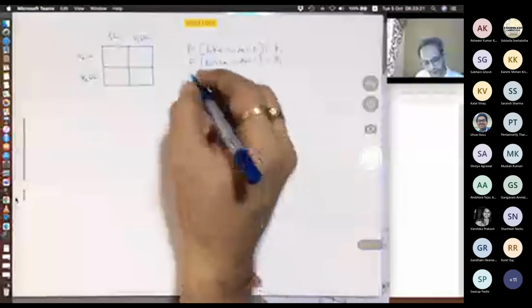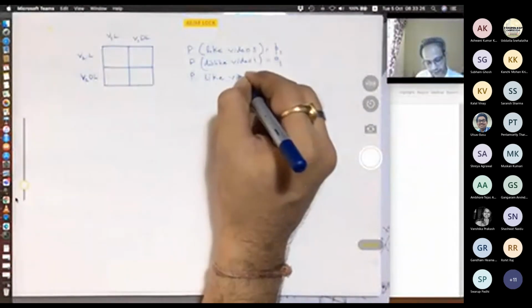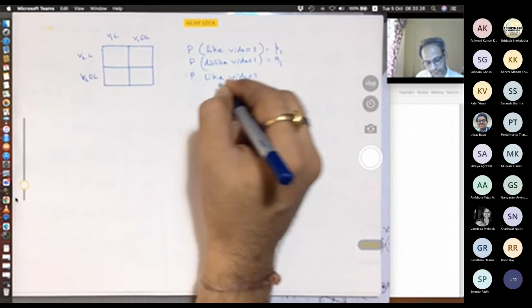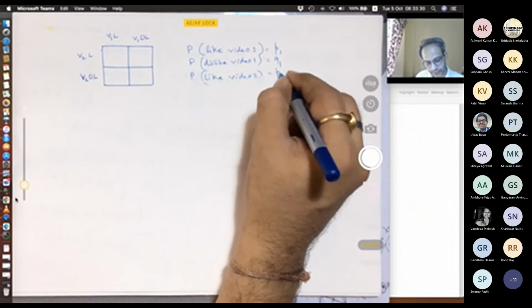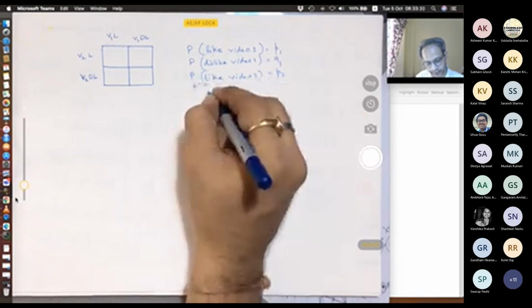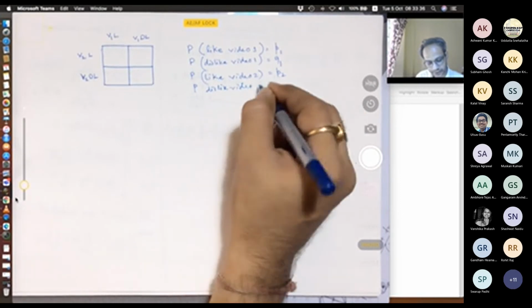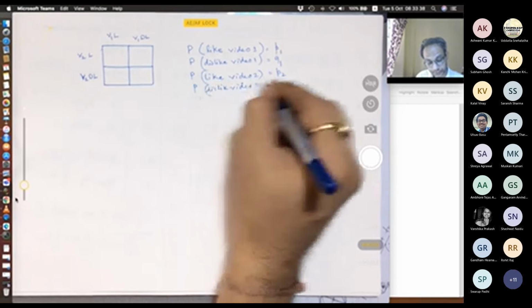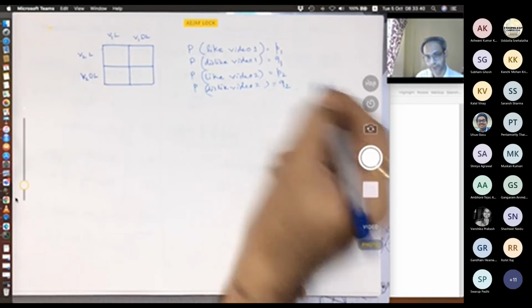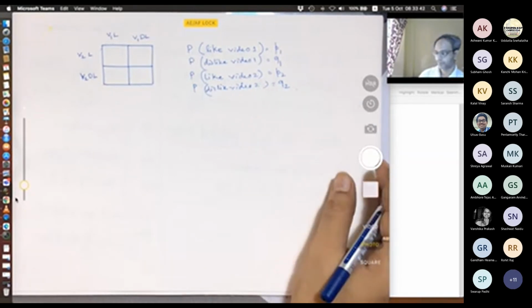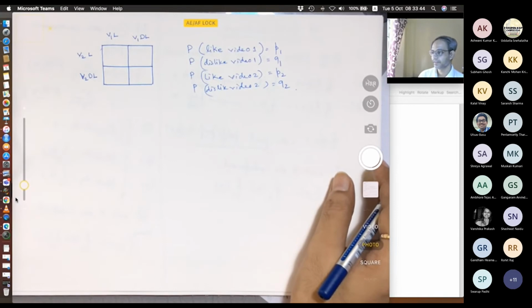Similarly, the probability of liking video 2 is P2, the probability of disliking video 2 is Q2.